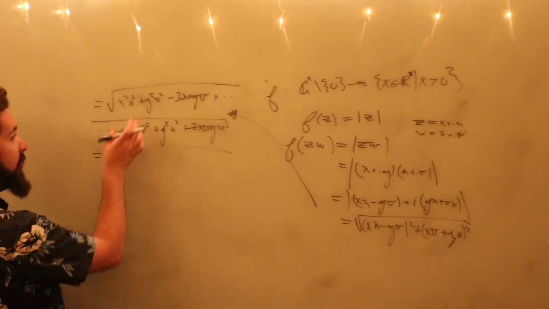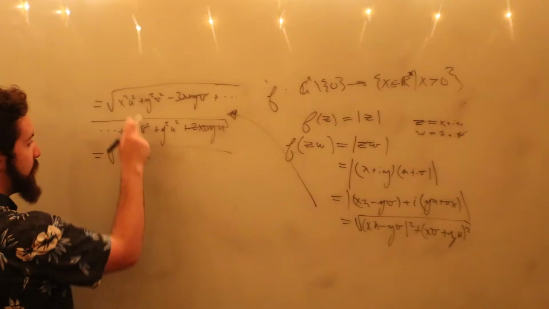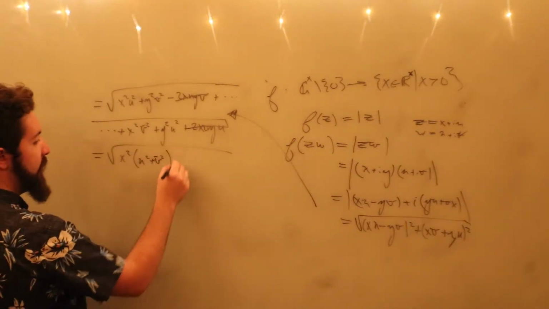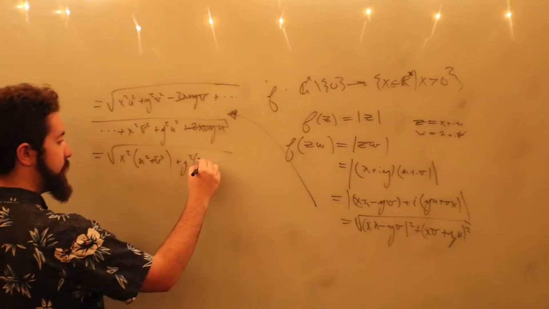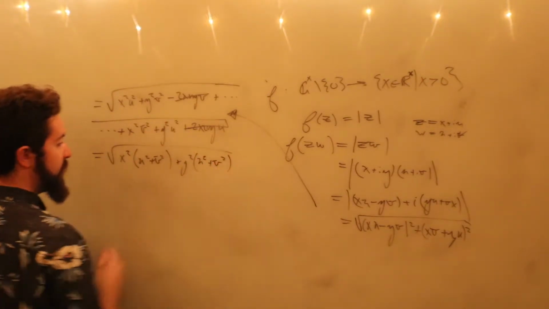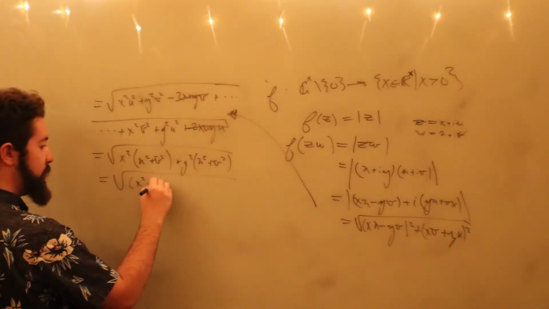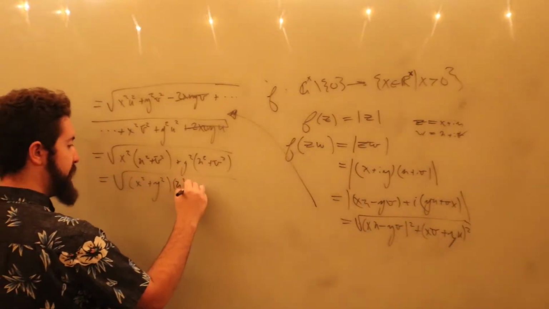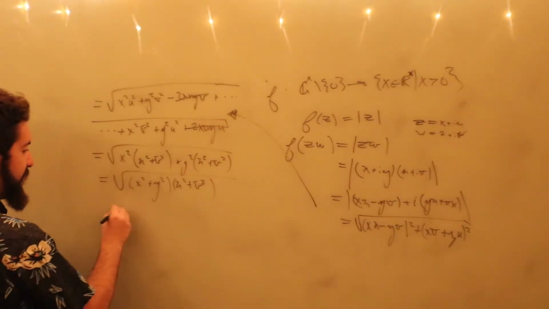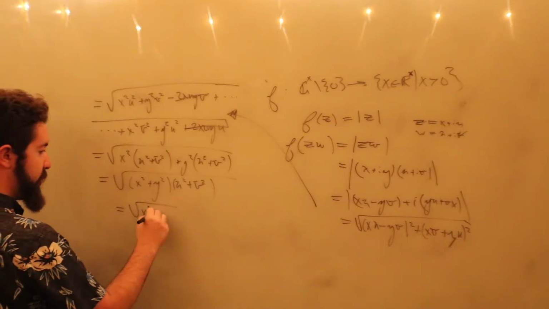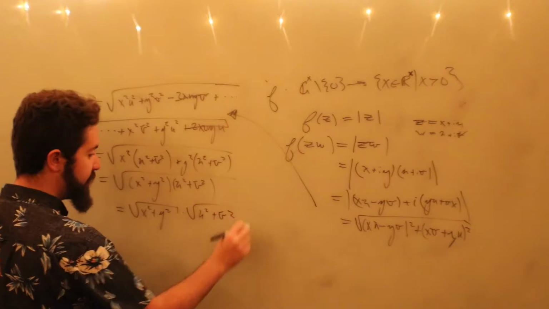Namely, let's factor out x squared and y squared. So we'll have x squared times u squared plus v squared, and then plus y squared times u squared plus v squared. And then this is just equal to the square root of x squared plus y squared times u squared plus v squared. But we can split up the roots so that this is equal to the square root of x squared plus y squared times the square root of u squared plus v squared.